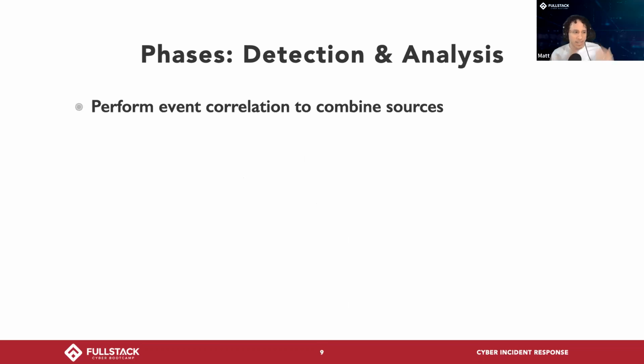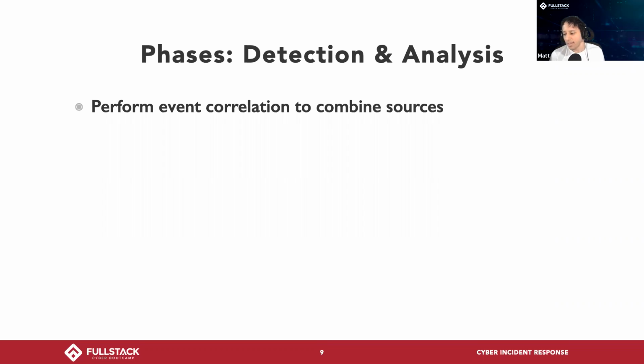So what do we do in detection analysis? We correlate the events and combine the sources. We say, was this a false positive? Was it benign? Was this malicious, a positive hit? Or are we not sure, and maybe we should escalate to someone who might know more. So first question is, how do we make our decisions?